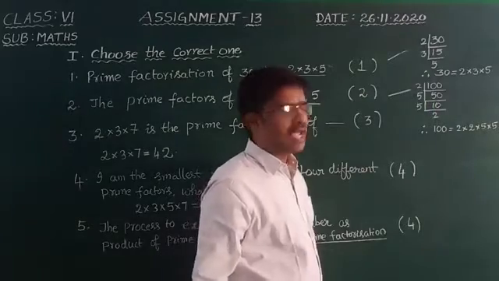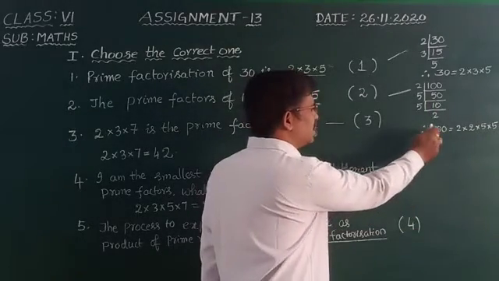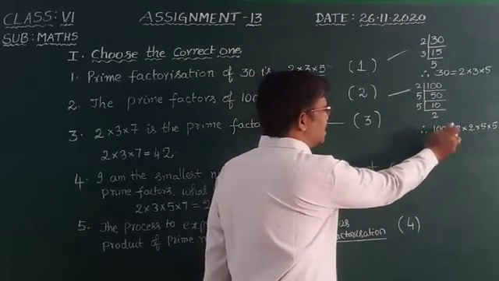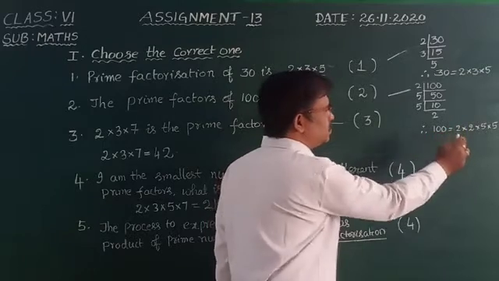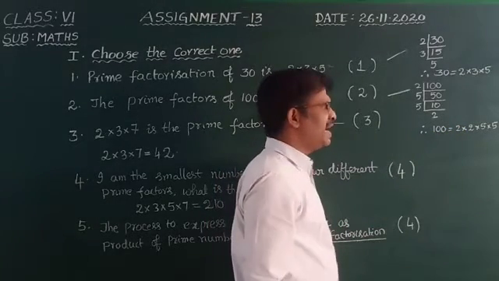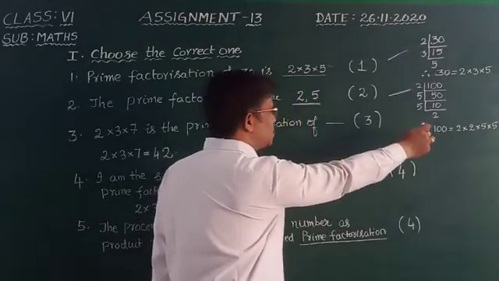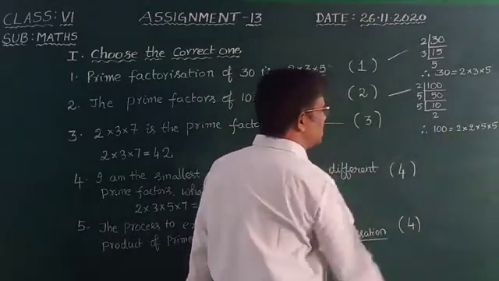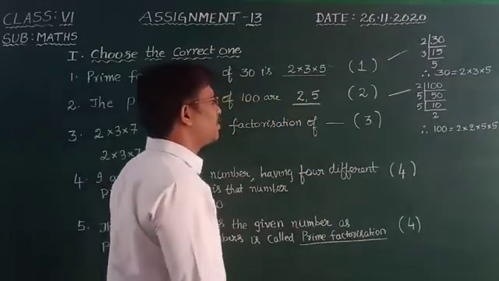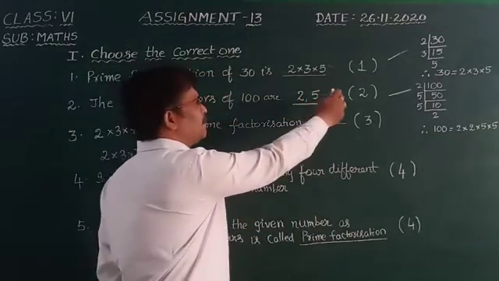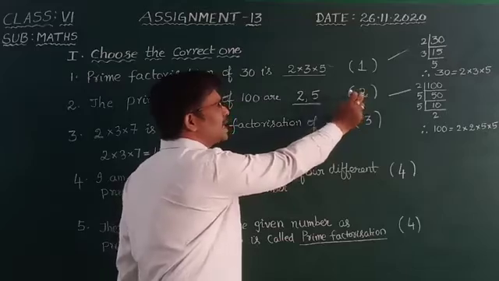Now all are prime numbers, you can stop. Then you can write 100 as 2 into 5 into 5. Therefore, the prime numbers used in this factorization are 2 comma 5. The option is 2, the correct option.